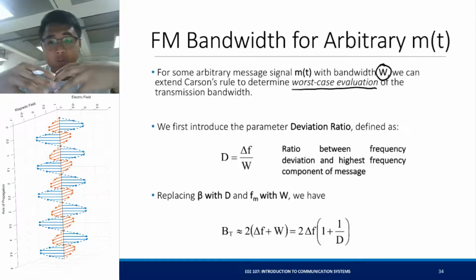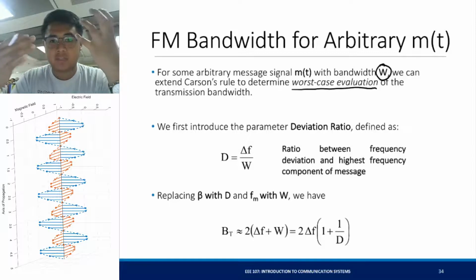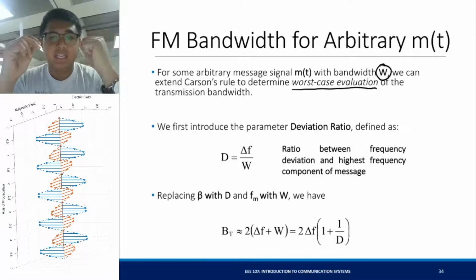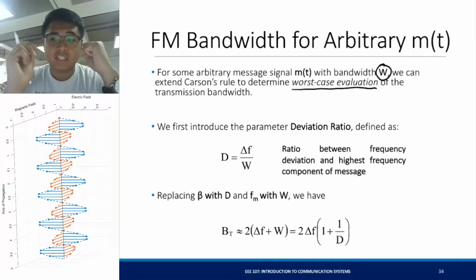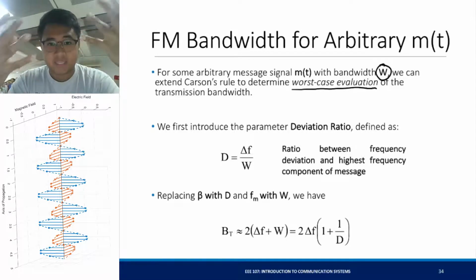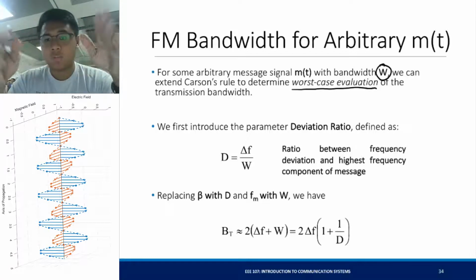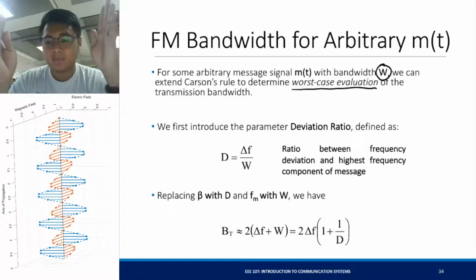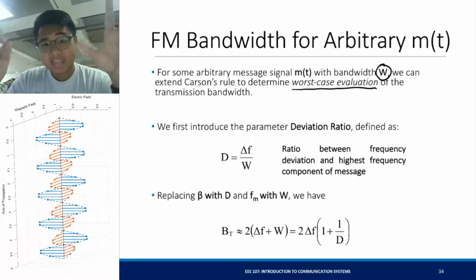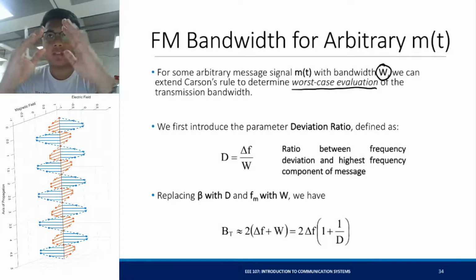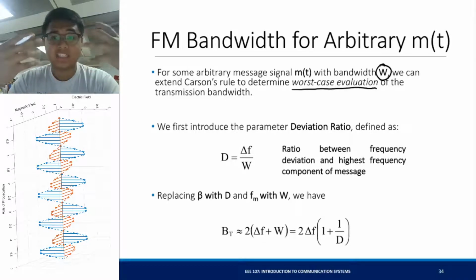When you have an engineering design, you always think of the worst case scenario for your design. So if you're looking at the FM bandwidth, we use the worst case evaluation of our transmitted signal. At the very least, we are sure that the FM signal will not go beyond the worst case evaluation.